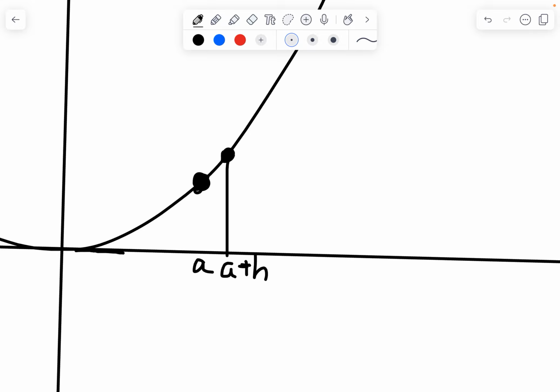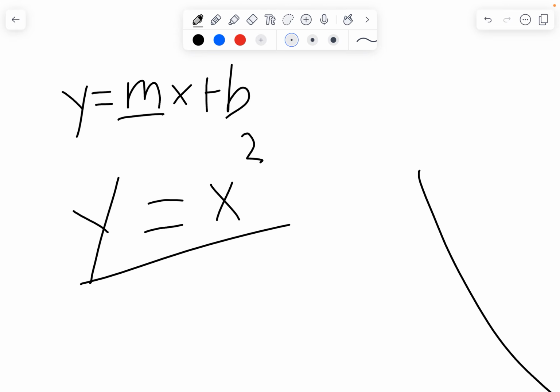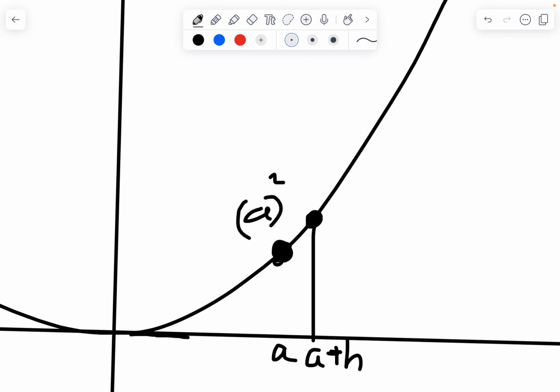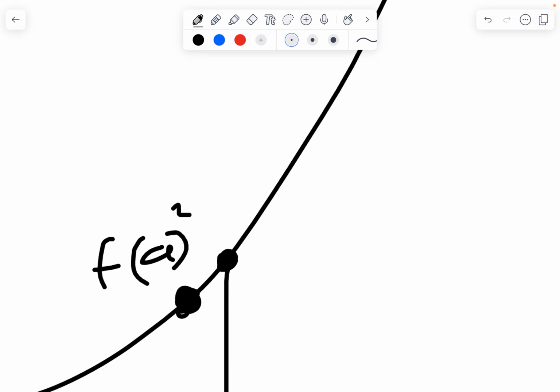And now we need to find the y values. If we have our function y equals x squared, well, the y value is just going to be f of a, which is a squared.